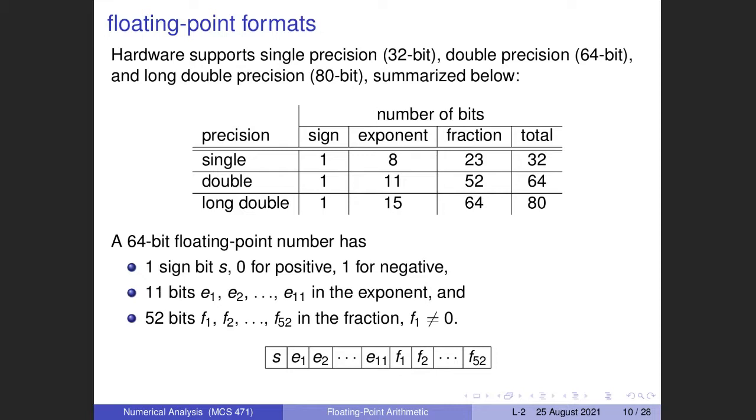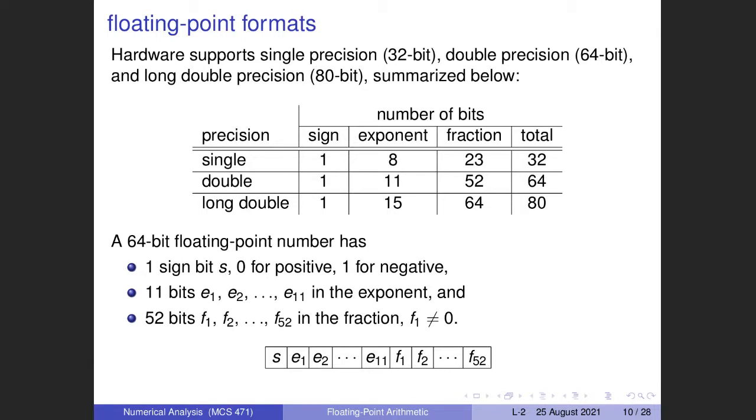All right, here is the floating point format. We distinguish essentially between three different levels of machine precision, or rather hardware precision. The hardware typically supports three different precisions: 32-bit, 64-bit, and 80-bit.